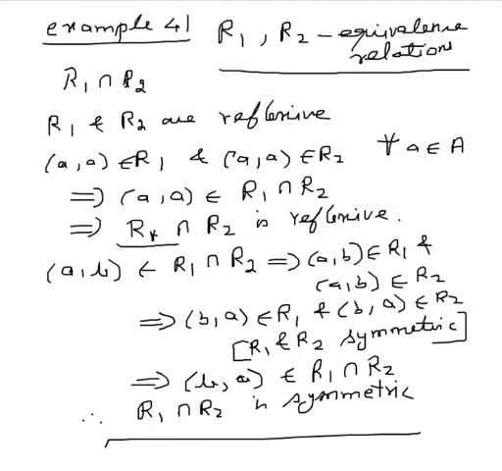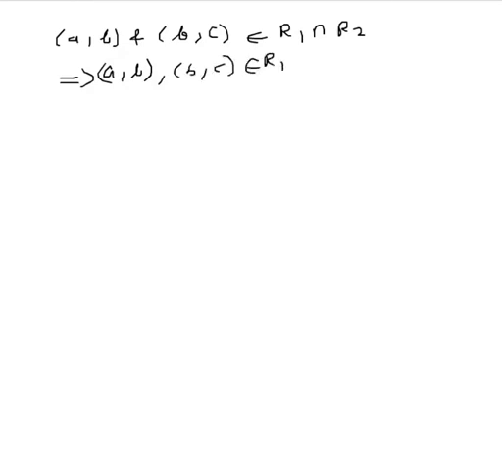Now let us check the transitive condition. Let (a, b) and (b, c) belong to R1 intersection R2, which implies (a, b), (b, c) belong to R1 and (a, b), (b, c) belong to R2.